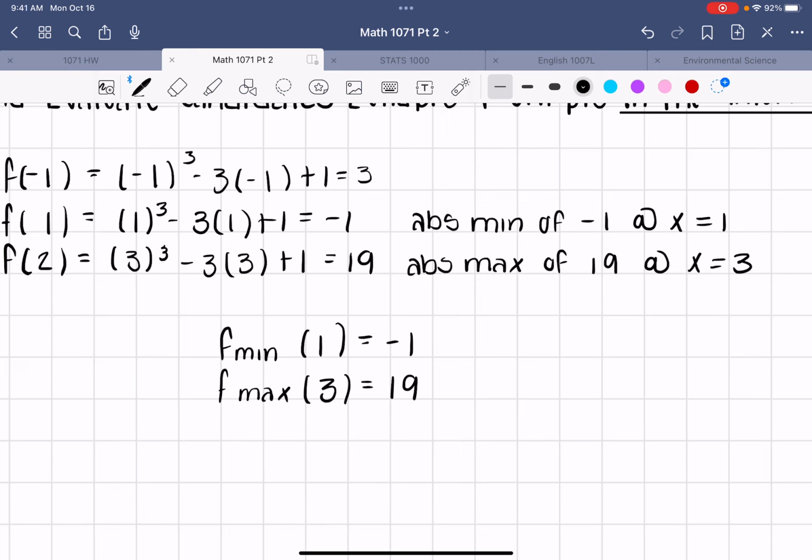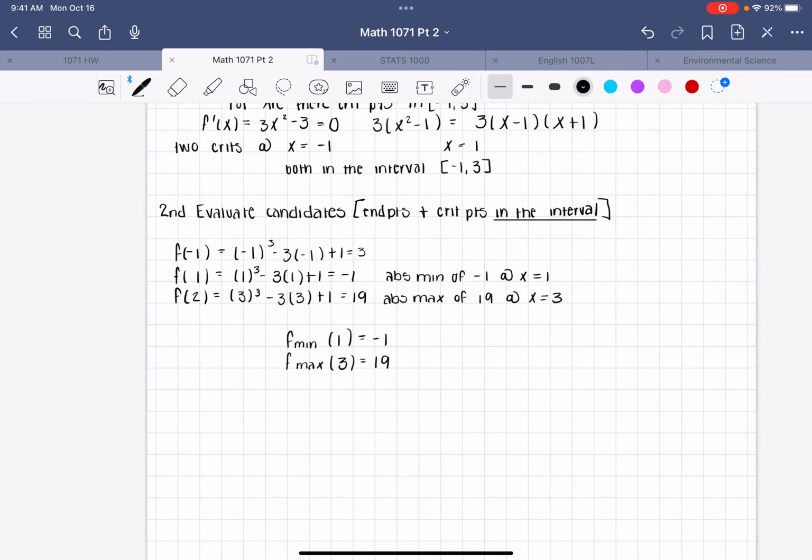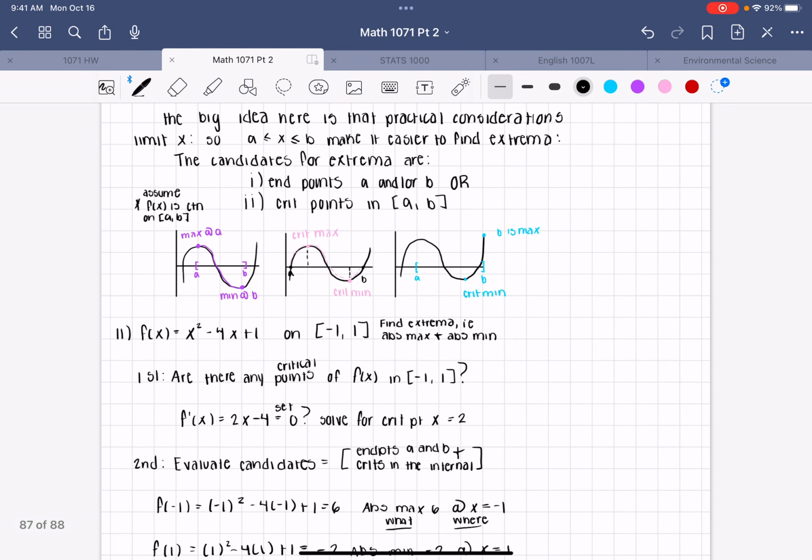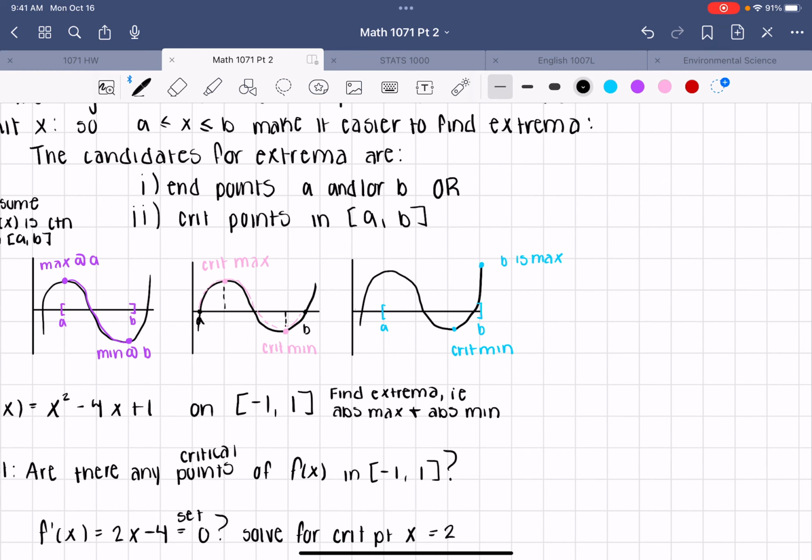A moment ago, we looked at this situation. If your function is not continuous on the interval, all bets are off. There would not necessarily be extrema. And so in problem 29, we'll do that next time.